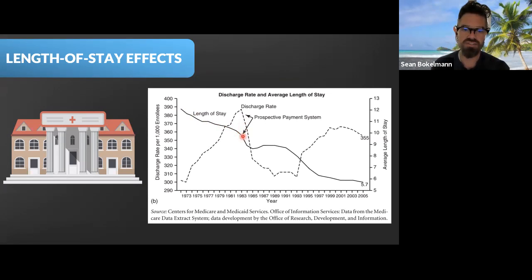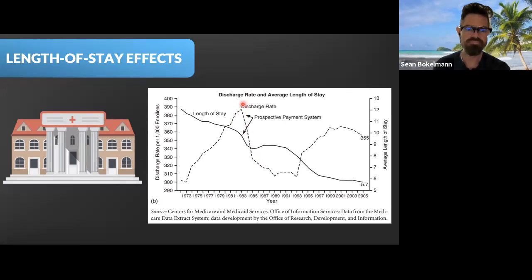But we do see that as soon as the PPS was introduced, it dropped even faster. And aside from this slight uptick here, it continued to decline until 2005. And we can also look at the discharge rate. So the discharge rate had been increasing, which means that patients are being discharged quicker, which generally translates into a shorter length of stay.